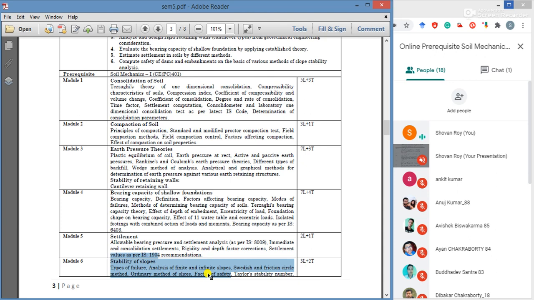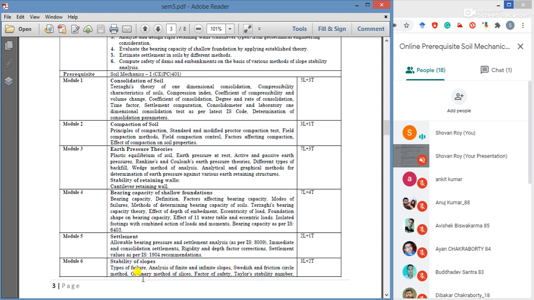These should be ready with you, and some graphs are required to draw some things. Maybe graph paper is required, but no problem if you do not have graph paper. If you require a sharpener, you can keep that with you.